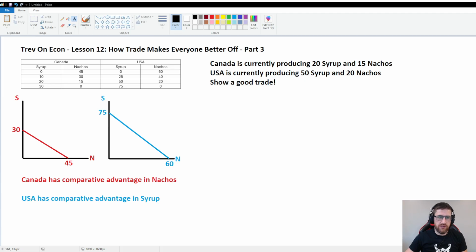Now, right away, you'll notice we are effectively at, where's a highlighter? Let's do this one. We are currently at 20 syrup and 15 nachos, which is not going to work here, but we are right here, 20 and 15.